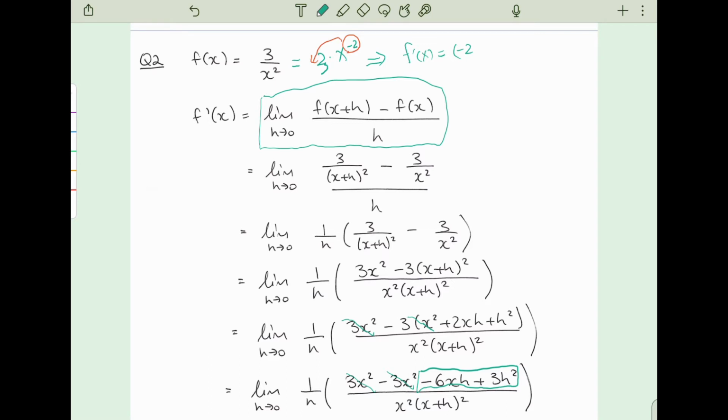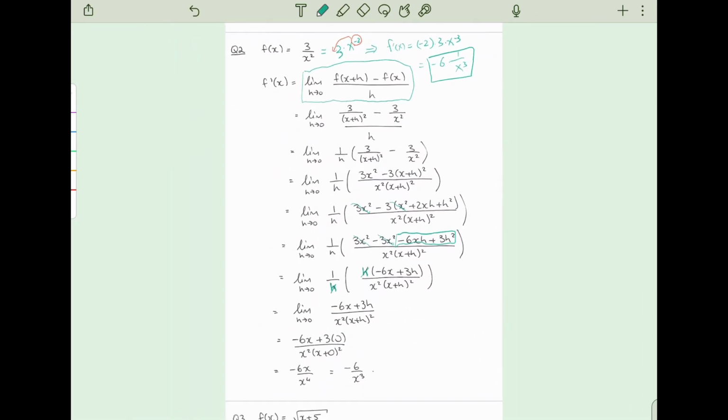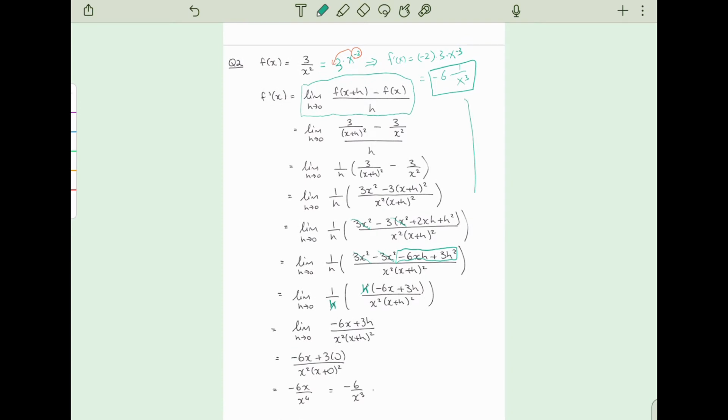So negative 2 comes out here times 3, right? x to the negative 3 is the previous exponent minus 1. And now this can be written as negative 6 times 1 over x to the 3, which is exactly the same as our answer found by using the definition.